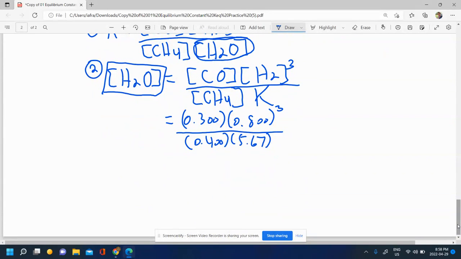So let's go ahead and plug these numbers in to see what we get. We have 0.3 times 0.8 cubed divided by 0.4 divided by 5.67.